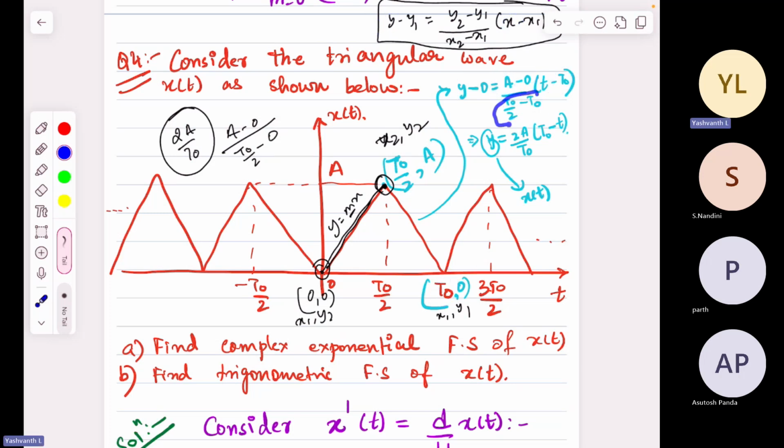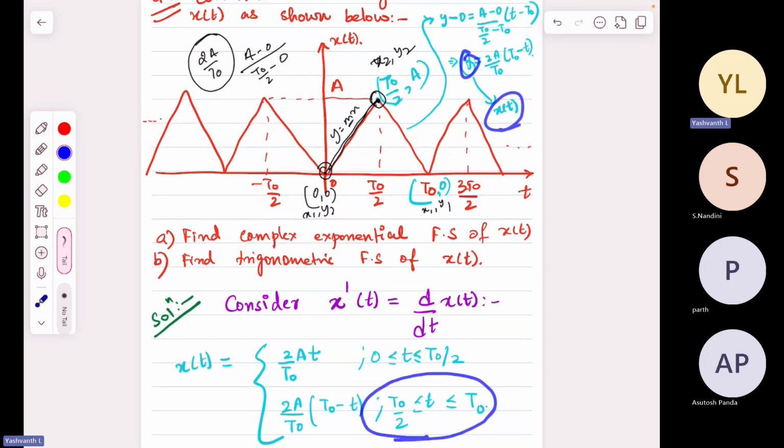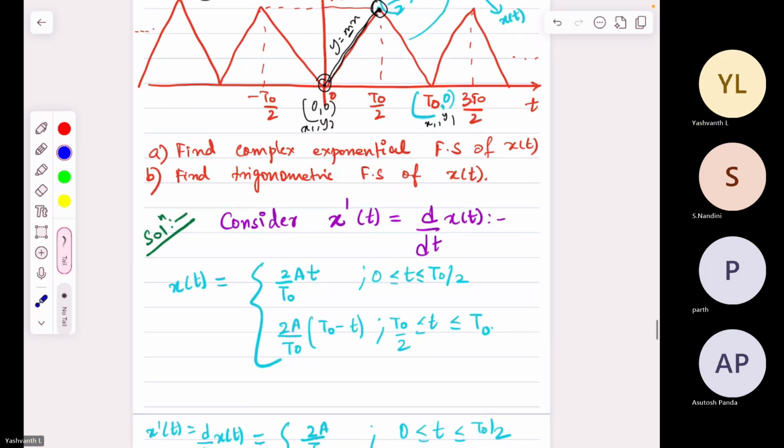You can show that t0 by 2 minus t0 is equal to minus t0 by 2. So that becomes 2a by t0, and the minus I will absorb so that t minus t0 becomes t0 minus t. This y is nothing but x of t. Therefore, in the region from t equal to t0 by 2 to t0, the signal value is 2a by t0 into t0 minus t. Is it clear till now? Is x of t clear?